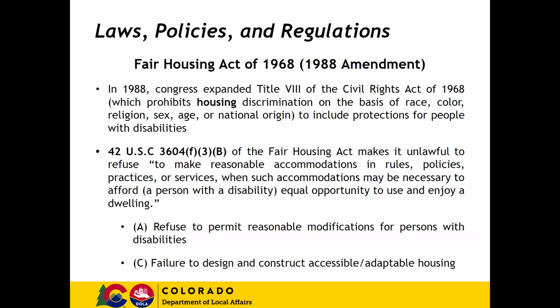Because we are a recipient of federal funds, we have to make our programs accessible in any way we can to people with disabilities so that they can have an equal opportunity to access the programs that we offer. So it is our responsibility as the recipients of federal funds to make sure we are following the law and making our programs accessible to everyone.